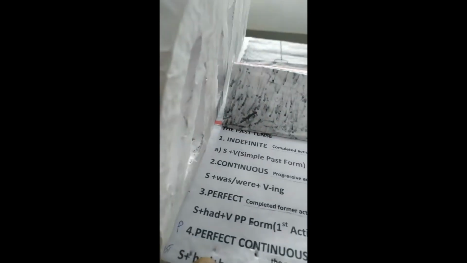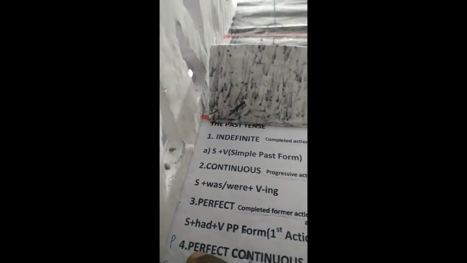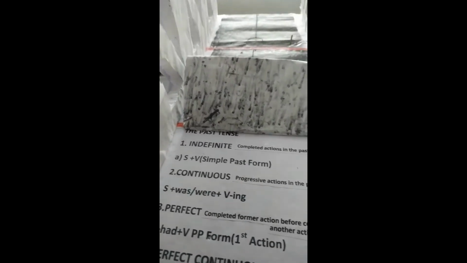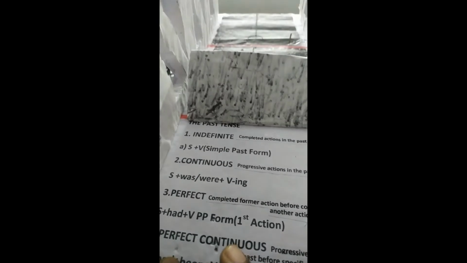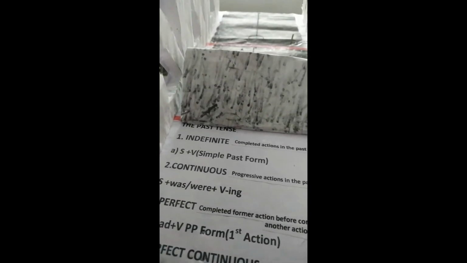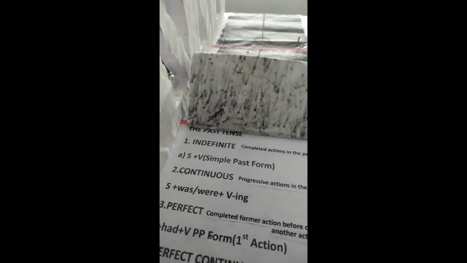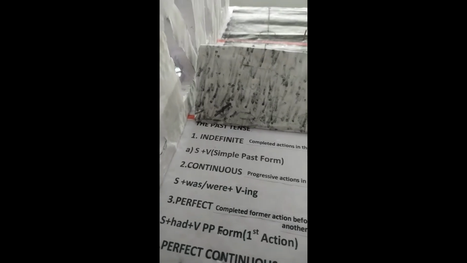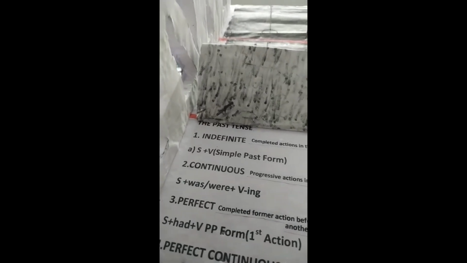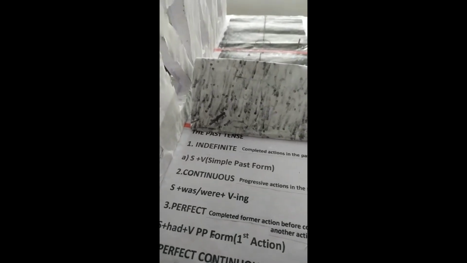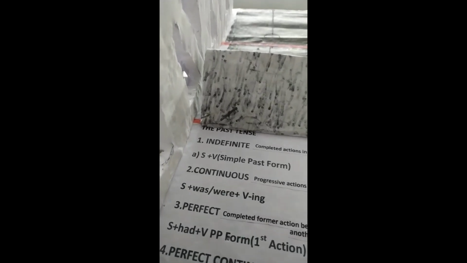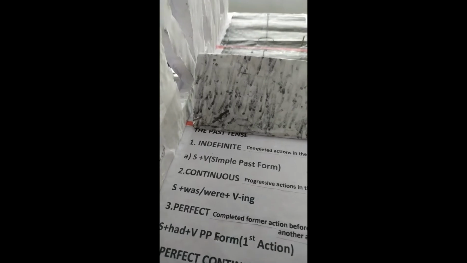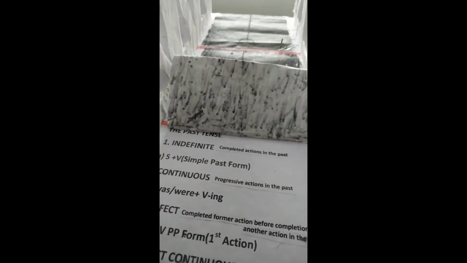Last part, the past perfect continuous tense. It also indicates two types of actions. One action was continuing in the past before the beginning of another action.